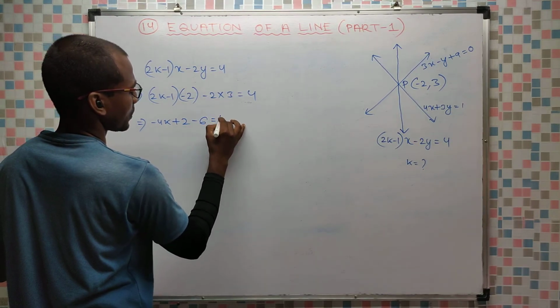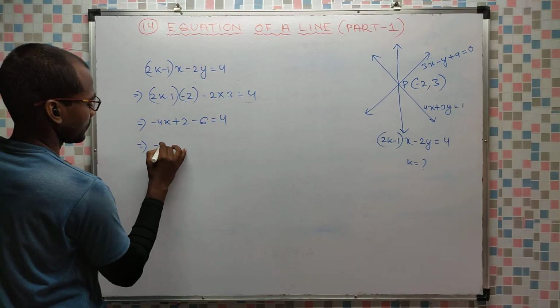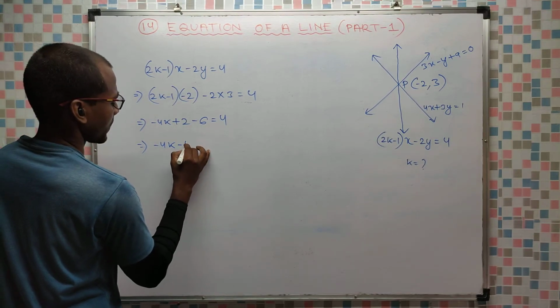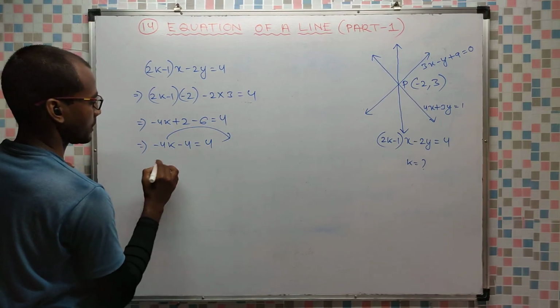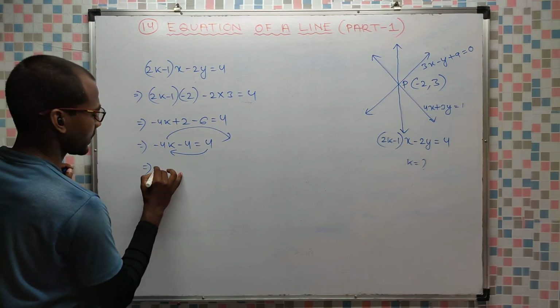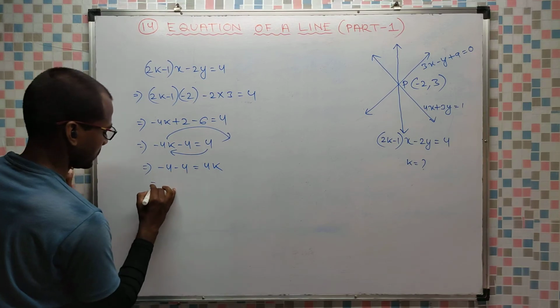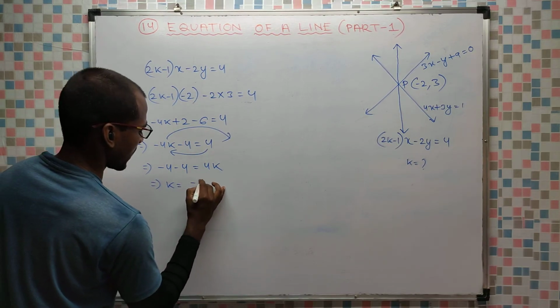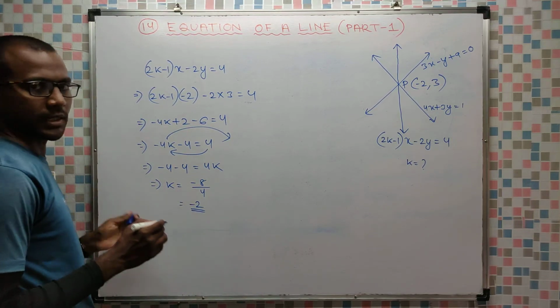Minus 6 is equal to 4. So minus 4k minus 4 is equal to plus 4. Take this to the right and bring 4 to the left. So minus 4 is already there, then again minus 4 is equal to 4k. k is equal to minus 8 by 4, which is minus 2.